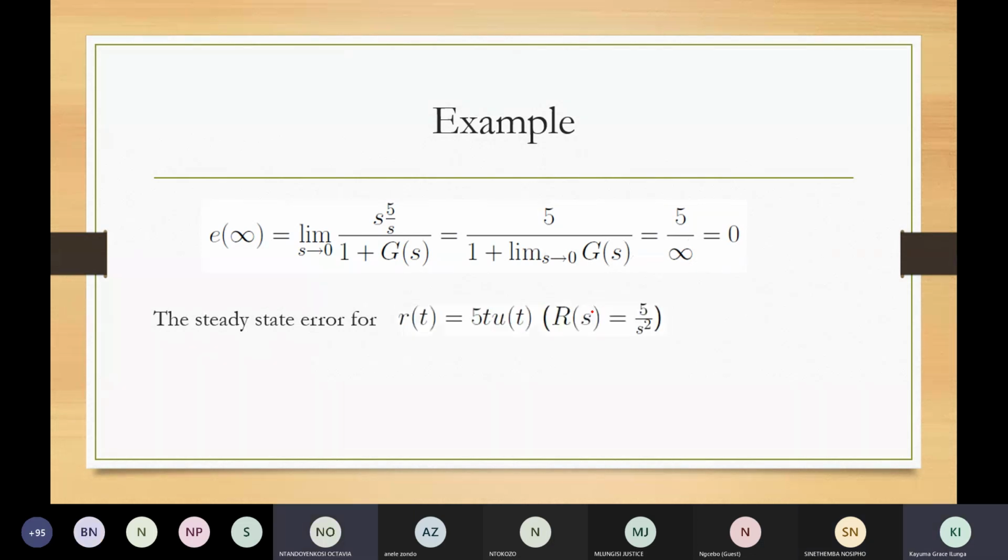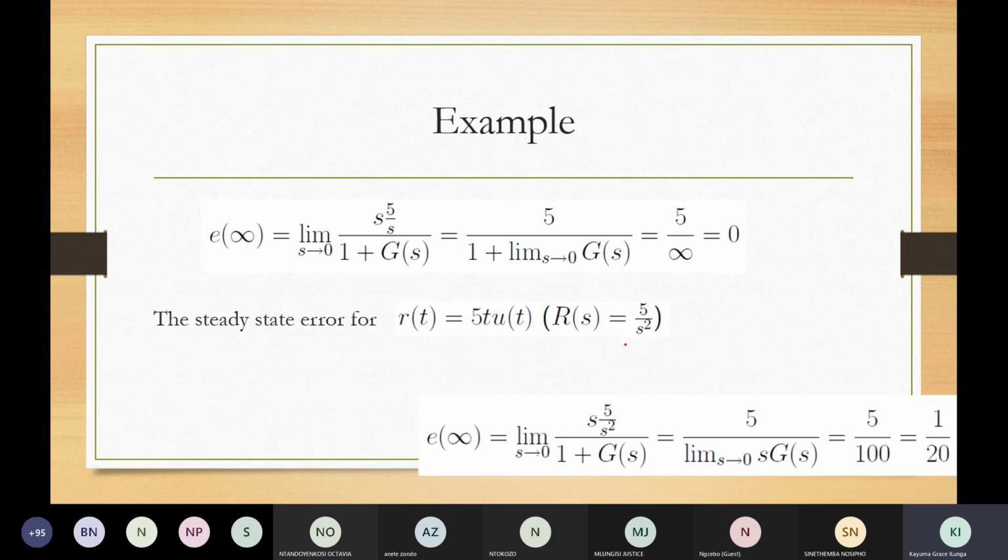No. Okay, good. So now let's apply the ramp input to the same system with one integrator. So we have 5 over s squared.